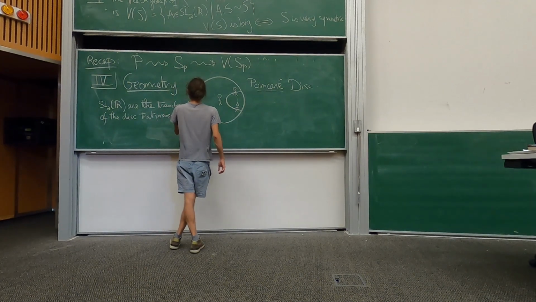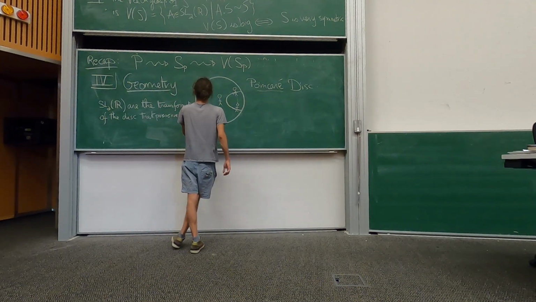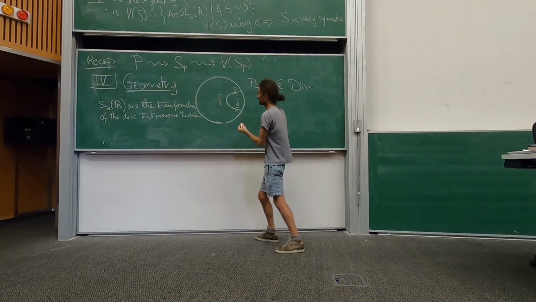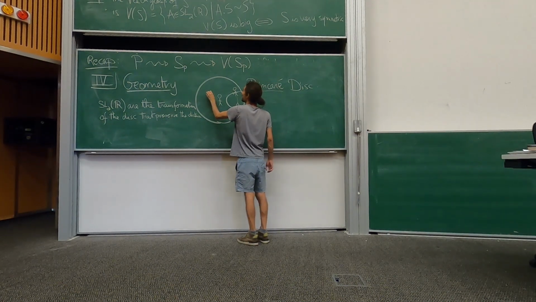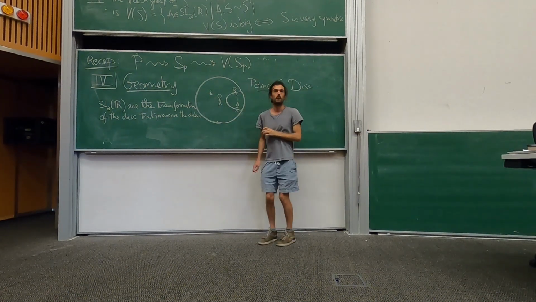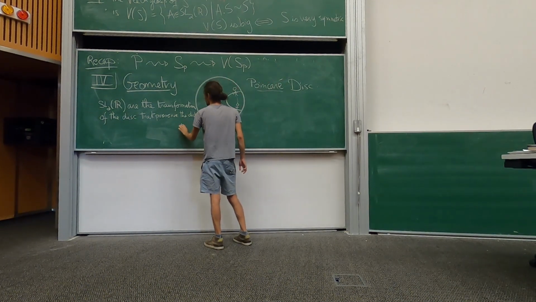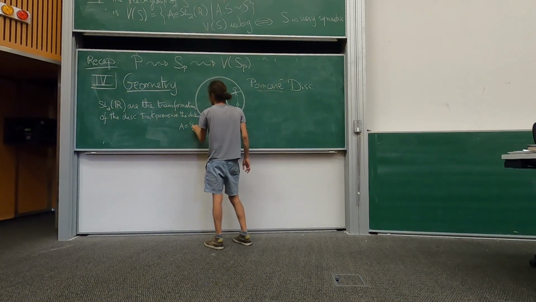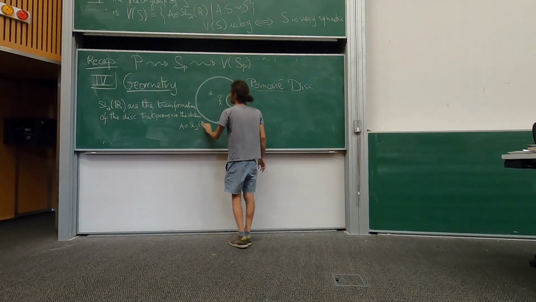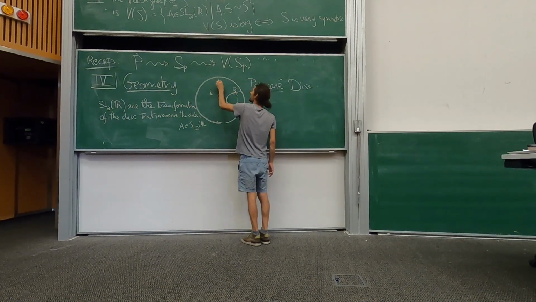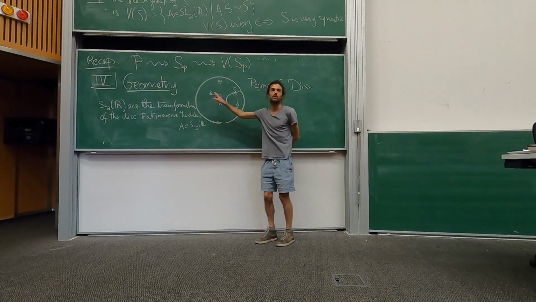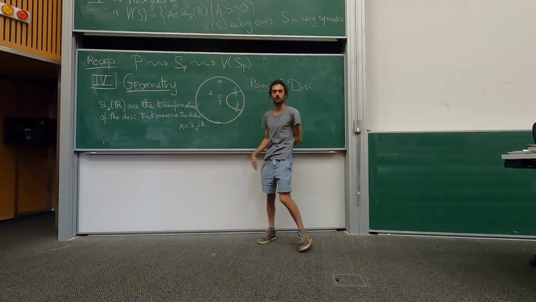So it means that if I have a point here, Z, and I have a matrix A in SL2, I get another point. It transforms my point on the disk.